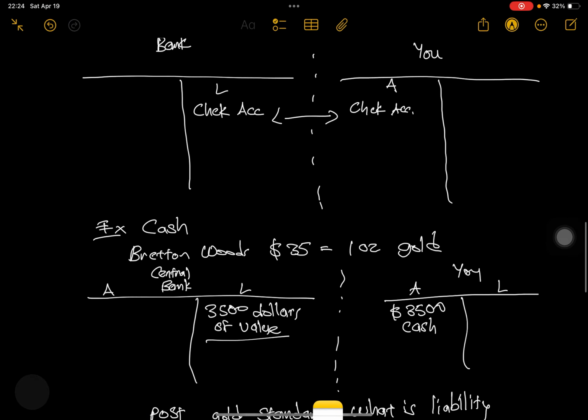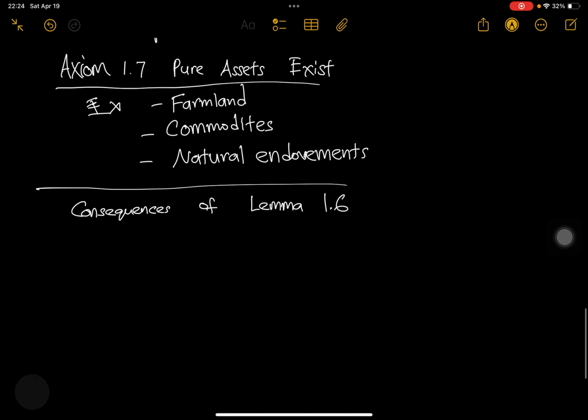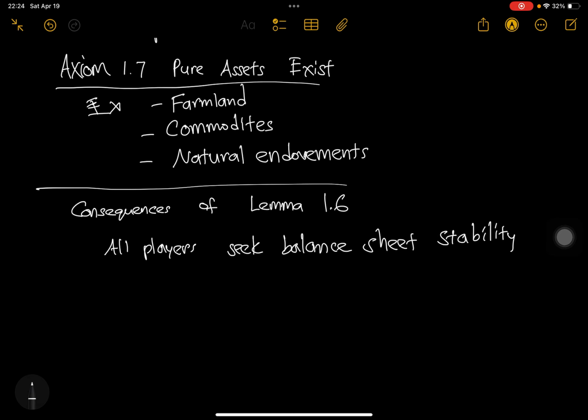The consequence of this is that all players seek balance sheet stability. In other words, they want their assets to be larger than their liabilities.